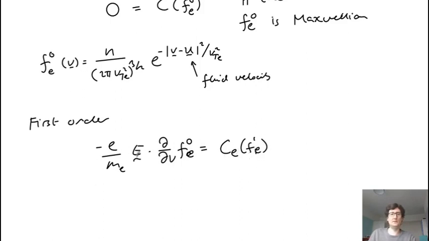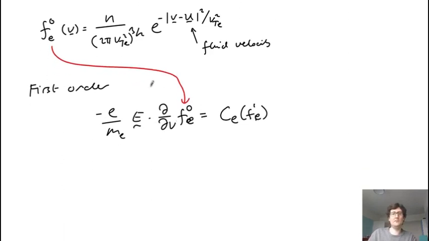This is obviously linear in the electric field, and it is turning into something which could be Ohm's law. Because we know the form of this, we can take this Maxwellian and put it into this function here, and basically take the derivative with respect to velocity of this equation, and we end up with this.